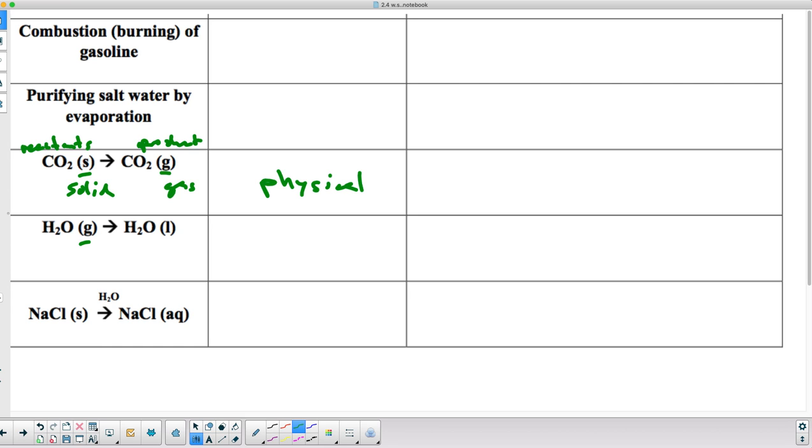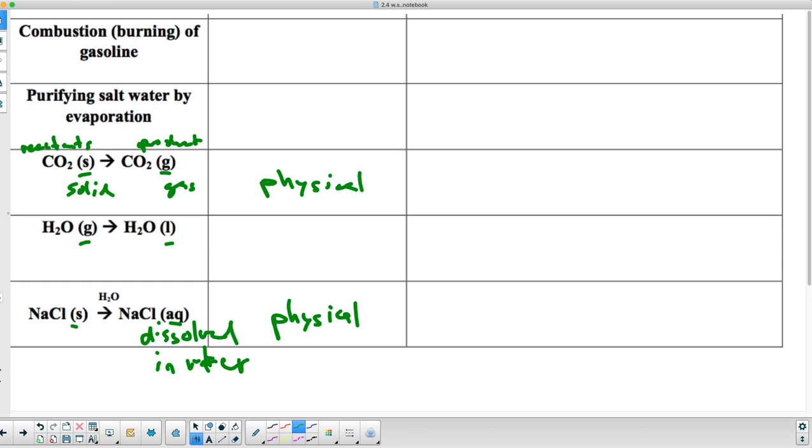And again, when we go from gas to liquid, it's the same thing. Notice that when we go from a solid for sodium chloride to aqueous, which means dissolved in water, that is still a physical change. This is one thing that lots of people get wrong.